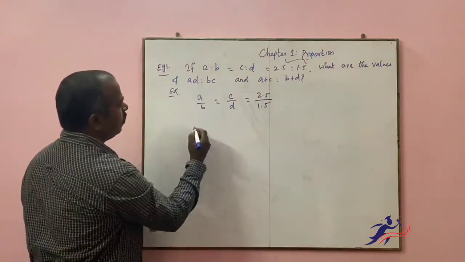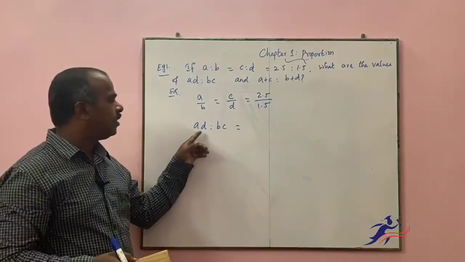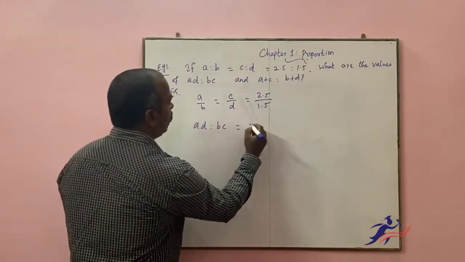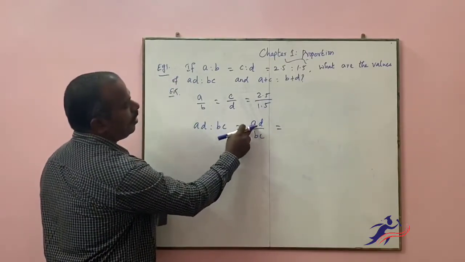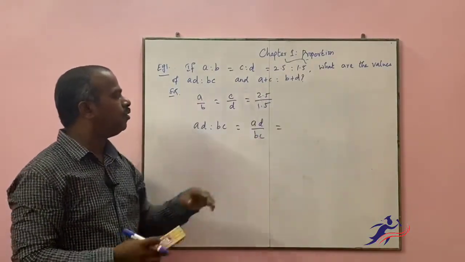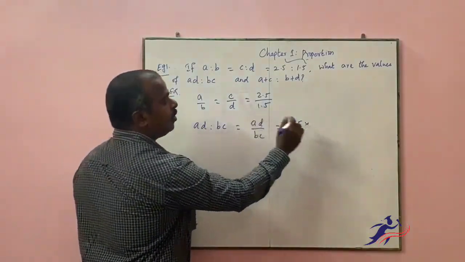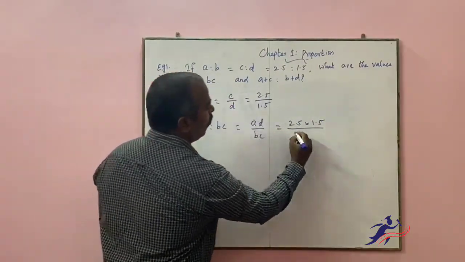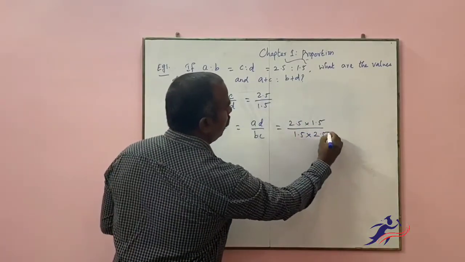Therefore, let us check the value of AD is to BC. This AD is to BC can be written as AD by BC, that is A into D, so what is the value of A? A is equal to 2.5. Therefore 2.5 into D, what is the value of D? That is 1.5, by B, the value of B is 1.5, into the value of C is 2.5.